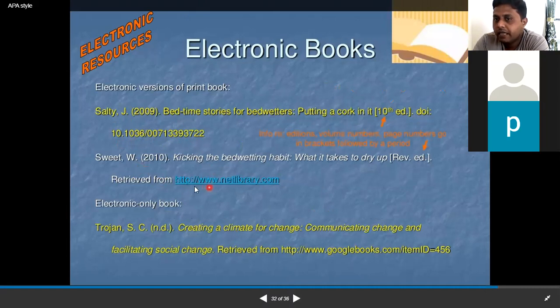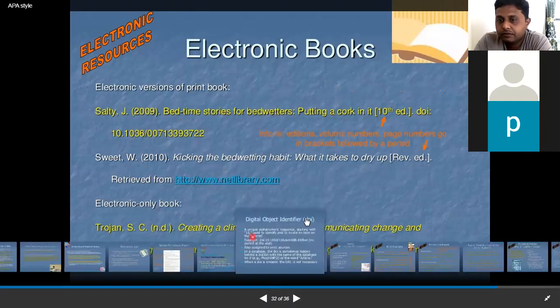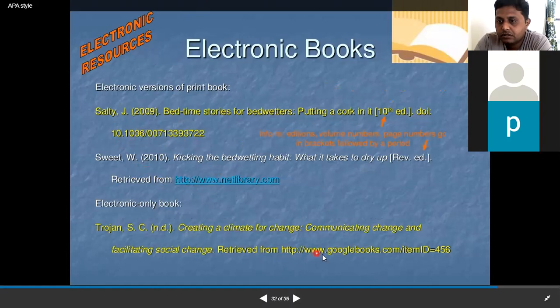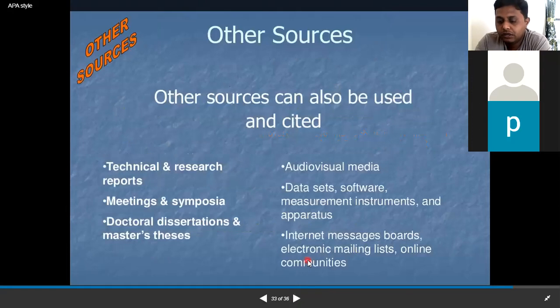We have the HTTP, that is the website, over here. Retrieved from is copied from the source, see Google Books like that. So this is the style of electronic sources. You have to go through all these things again and again to understand it properly, right?